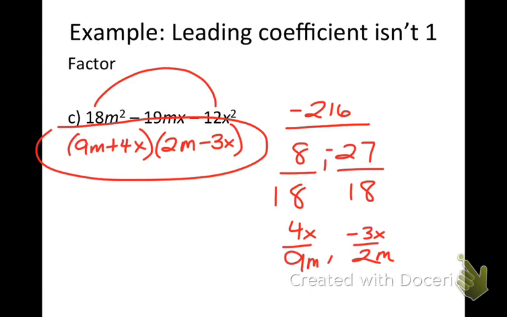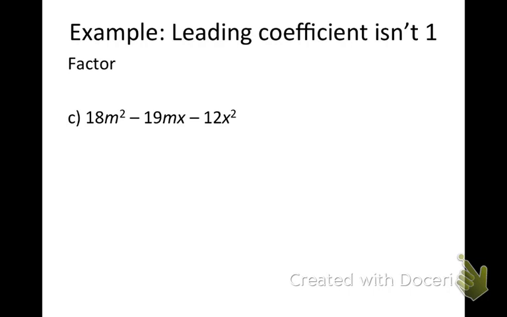Okay. Questions with that process? All right. If this problem had a negative in front of it, so can I erase stuff? If this would have been negative 18m squared plus 19mx plus 12x squared, whenever you have a negative as your leading coefficient, it is always wisest to factor out that negative 1 first, to get to the 18m squared minus 19mx minus 12x squared.